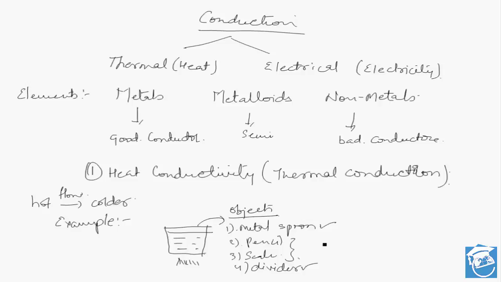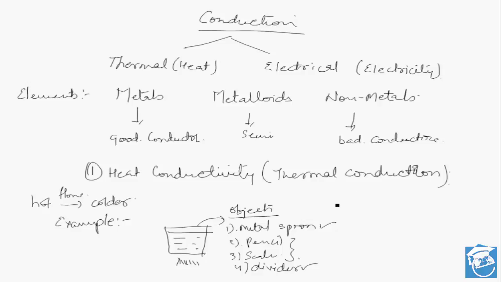For example, aluminum, iron, and copper are good conductors of heat. These are the elements which are good conductors of heat and electricity both. And if we talk about insulators, that is poor conductors, we can say that non-metals such as plastic or wooden materials are bad conductors of heat and electricity.